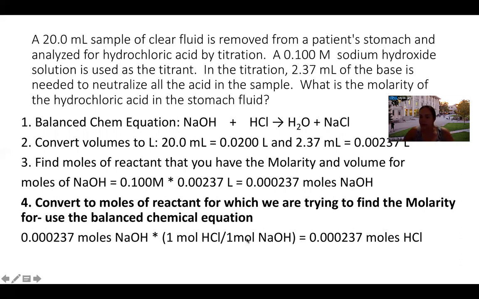Now, I always like to do sulfuric acid, where it's like a 2:1 ratio or a 1:2 ratio, okay? But in this case, it's a 1:1. So it's not going to change our number of moles, but it converts it from moles of NaOH to moles of HCl, okay?